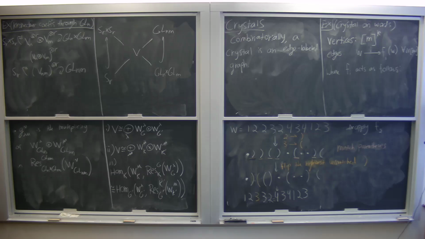Okay, and so I said that would be our only example, but I'm going to give you a second example. But if you squint, they actually are the same example.